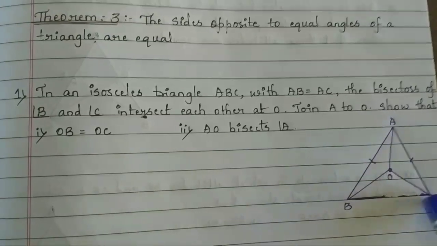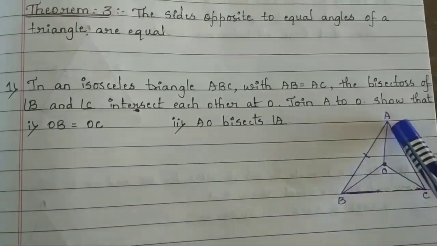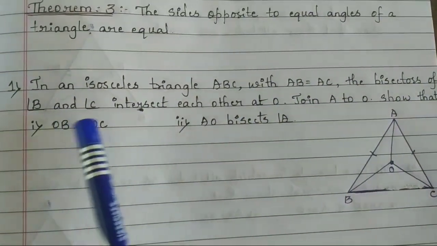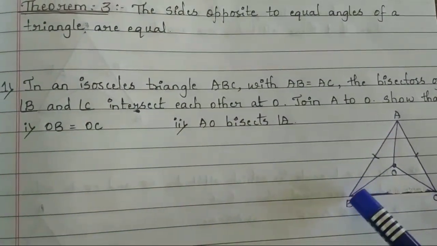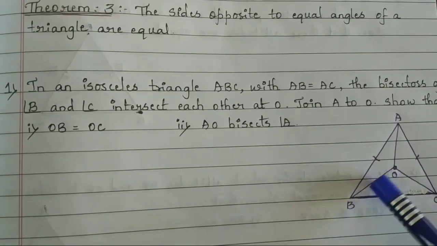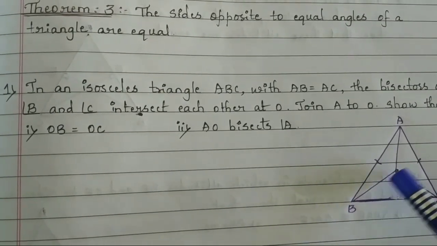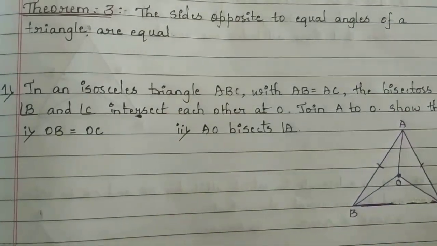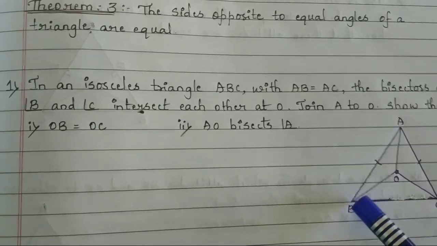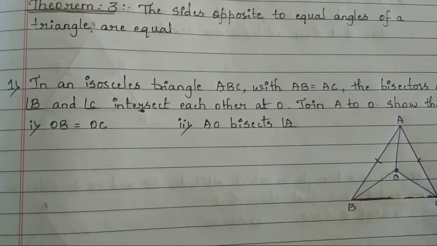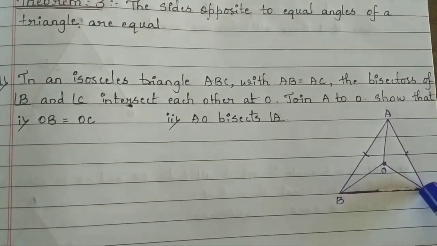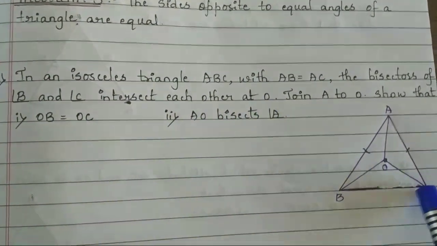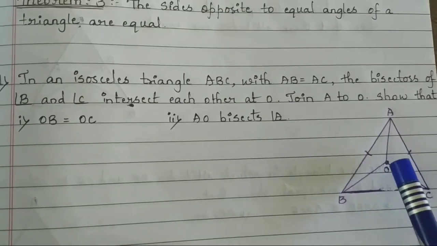Then the bisectors of angle B and angle C. A bisector is nothing but a line which cuts the angle into two equal parts. I have taken one bisector from B and one bisector from point C, and they intersect each other at a point O.